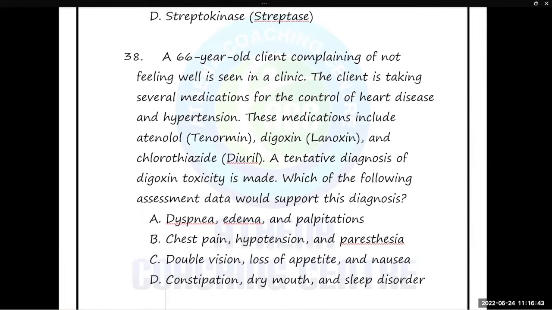So the patient is receiving digoxin, and you need to select the side effect of digoxin. You can write down the side effects of digoxin: bradycardia, yellow halo vision, confusion, anorexia, vomiting.